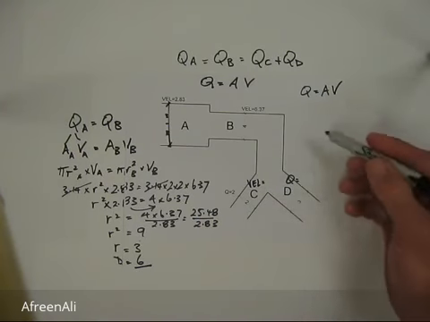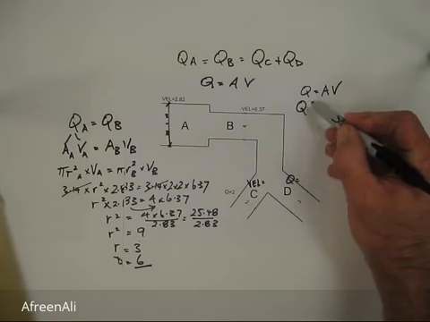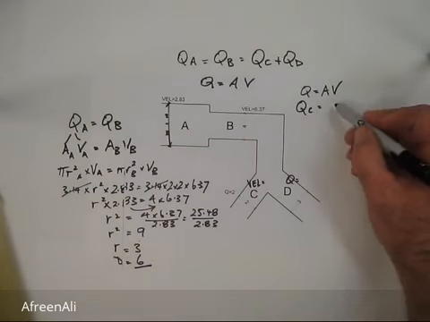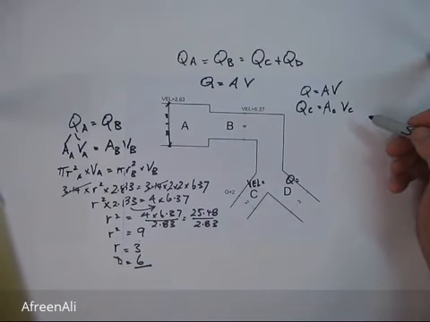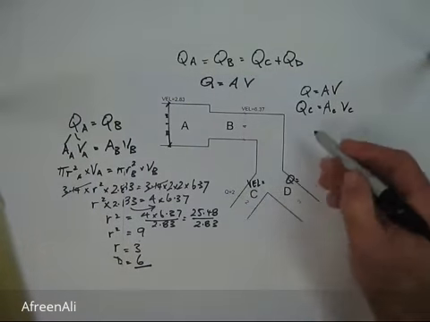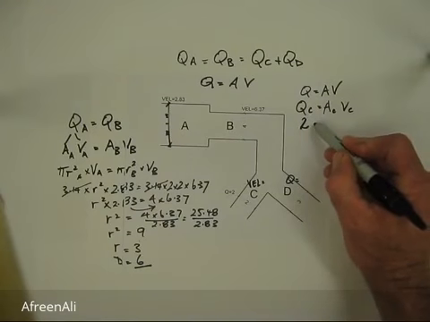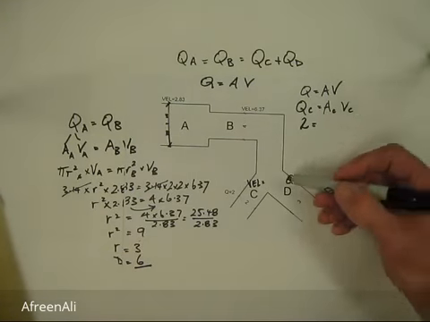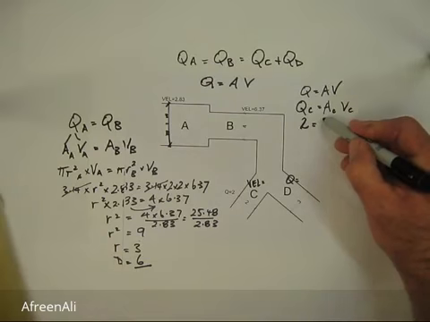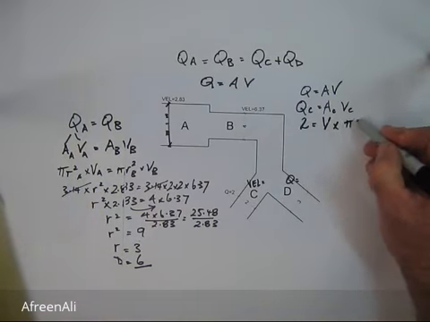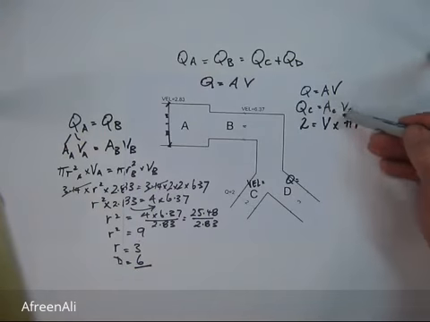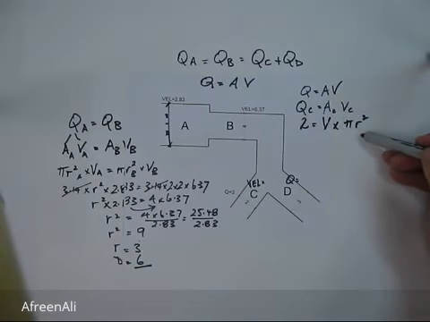So let's write this in this form. The flow rate at C equals the area at C times the velocity at C. We know the flow rate is 2, so we can substitute that information. We don't know the velocity, so we're going to leave that at V, and the area is pi r squared. So we're taking area and writing pi r squared instead.